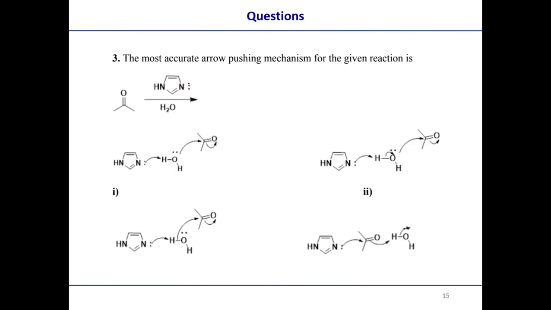So it can abstract the proton, and then this OH minus will attack on this electron deficient carbon, and then oxygen will carry the negative charge. So if you look closely, all of them are showing the same thing except the fourth one. So this one is eliminated. Correct?